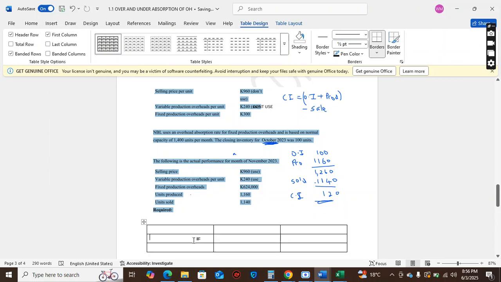First thing, you want your sales revenue. So with our selling price of 960 kwacha multiplied by the number of units sold, not produced, number of units sold. 960 times 1,140 kwacha, what do we get?